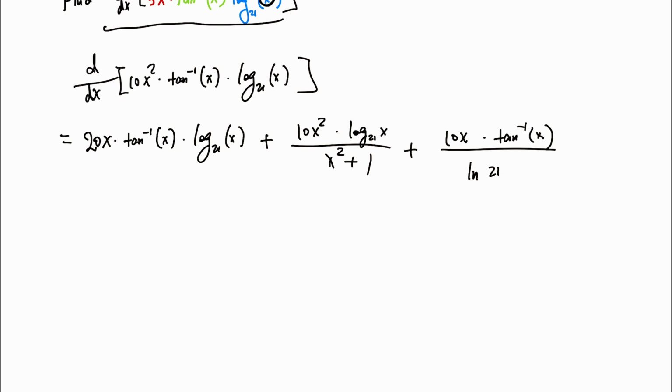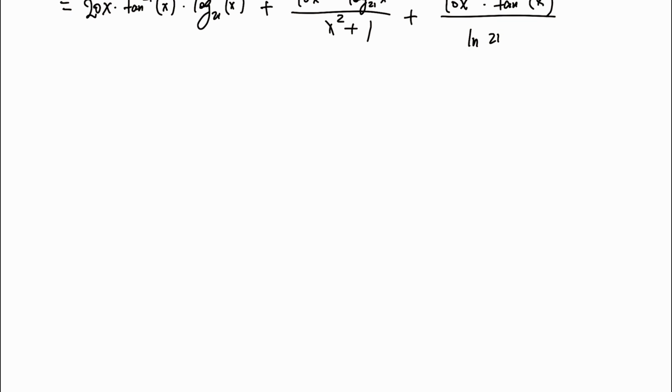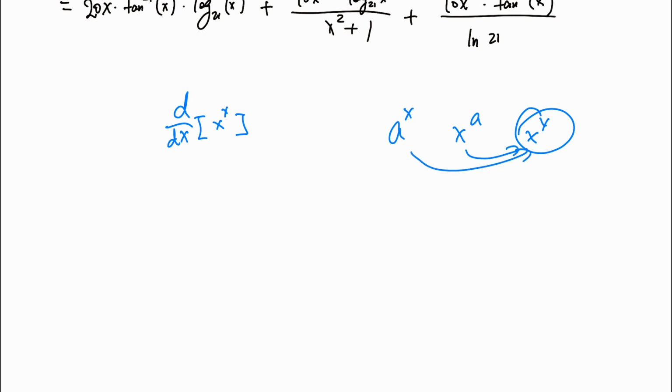Today's topic is going to be the x to the x derivative. Want to differentiate x to the x, and you realize you really don't have any tools to differentiate this right now. We've done any base to the x, we've done x to any base, but we haven't done x to the x, and you realize these two actually don't help differentiating x to the x.